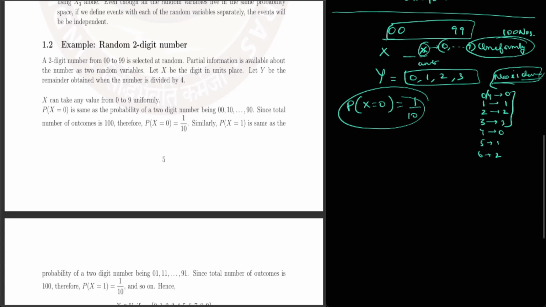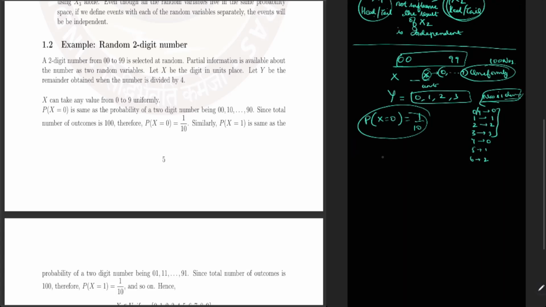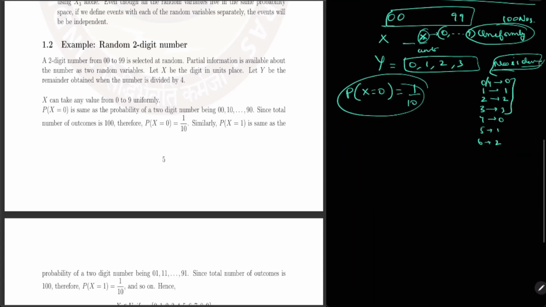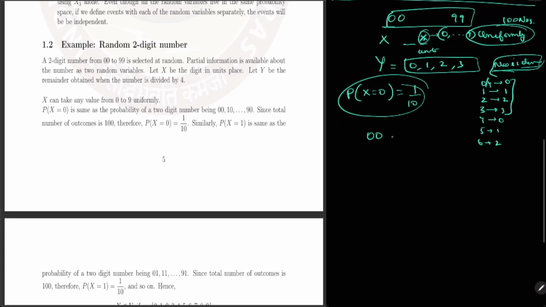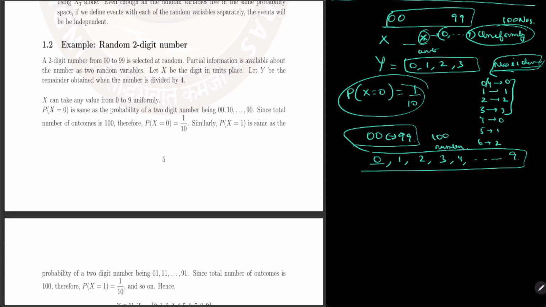If we count from 00 to 99, there are a total of 100 numbers, and each digit has 10 numbers with that unit digit.